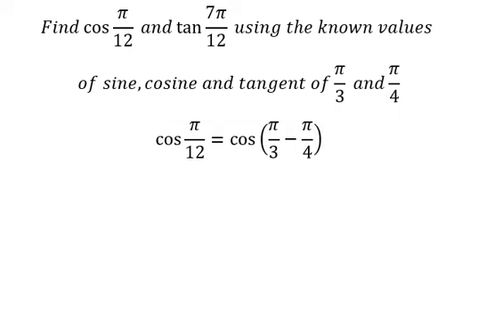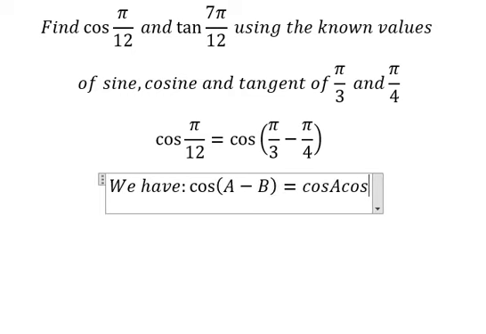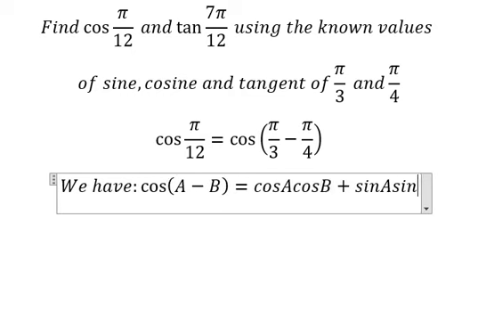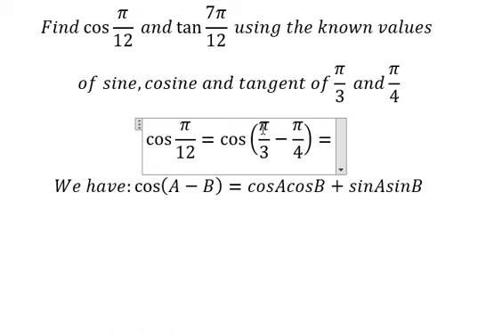So in this one, we have the formula in here. So A, that is about π/3. B, that is about π/4.